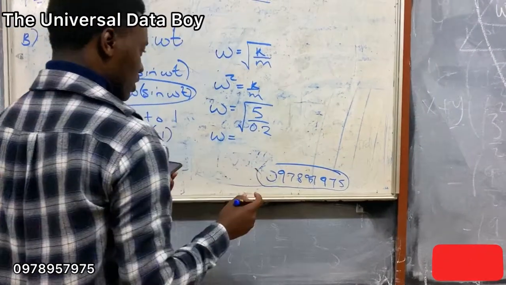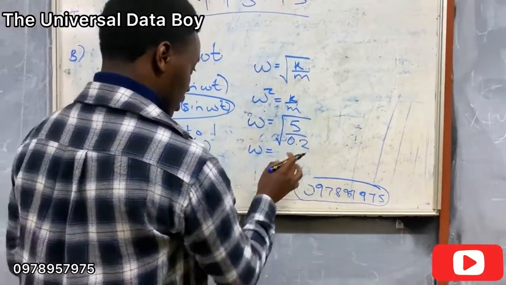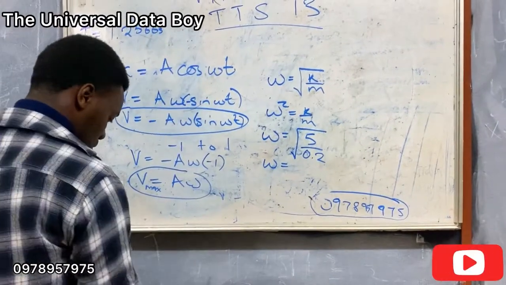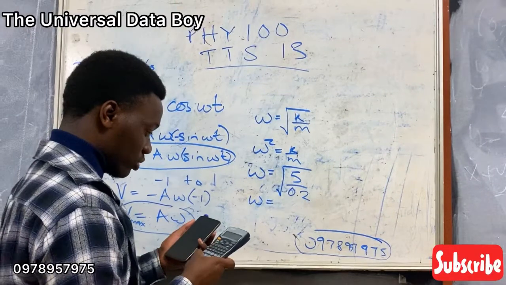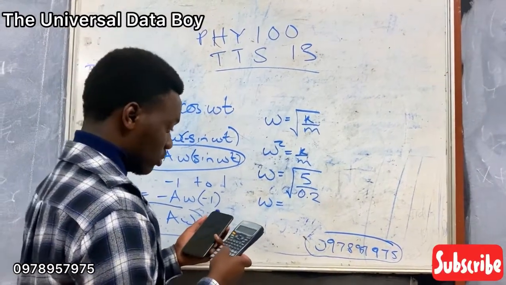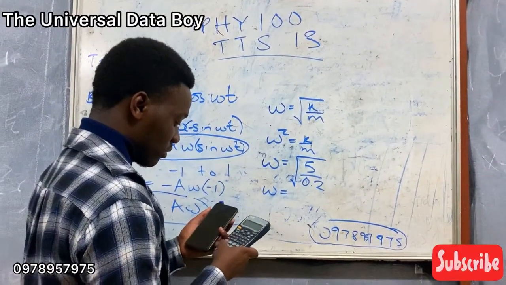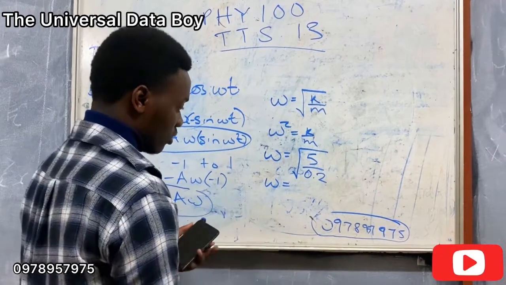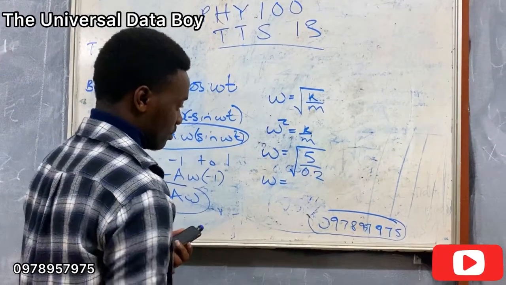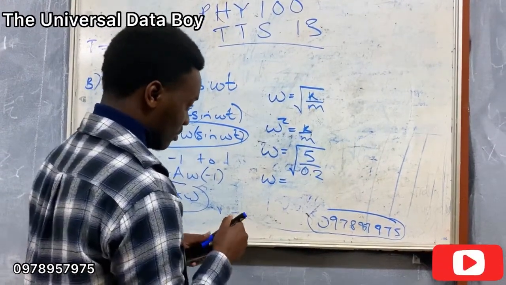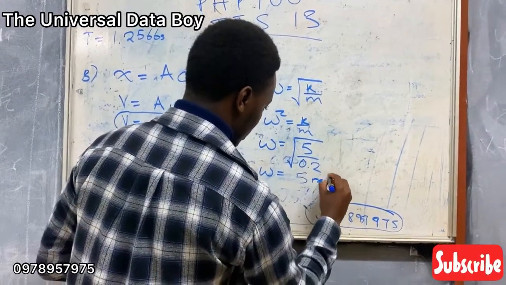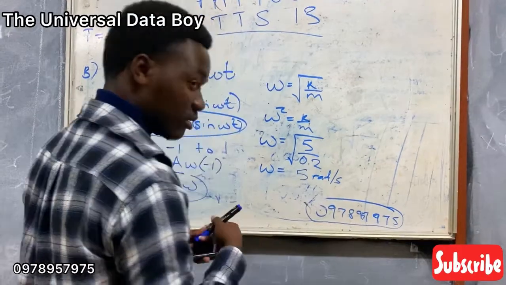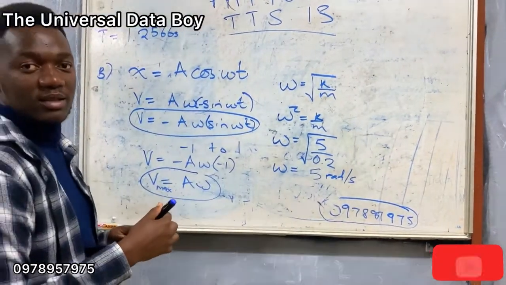So omega is going to be equal to the square root of 5 divided by 0.2, which is 25. Then the square root of 25 is equal to 5. That's 5 rad/s.